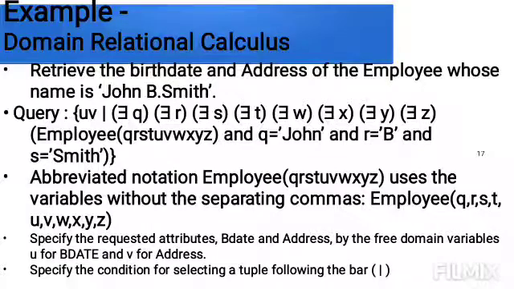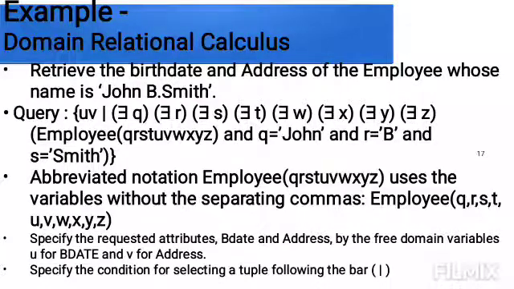But in the case of domain relational calculus, we have an abbreviated notation for each and every attribute in this relation. Here I use employee QRSTUVWXYZ as the abbreviated notation for the employee: F name, M name, L name, SSN, birth date, address, etc. Then in that employee relation we need only birth date and address.